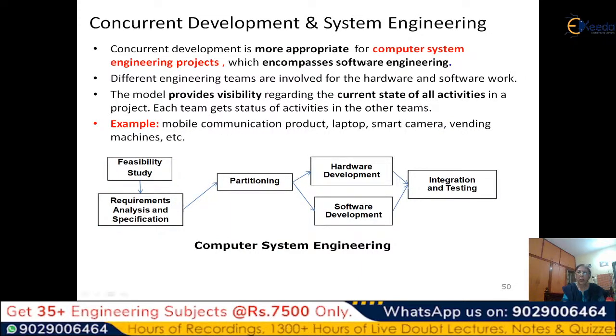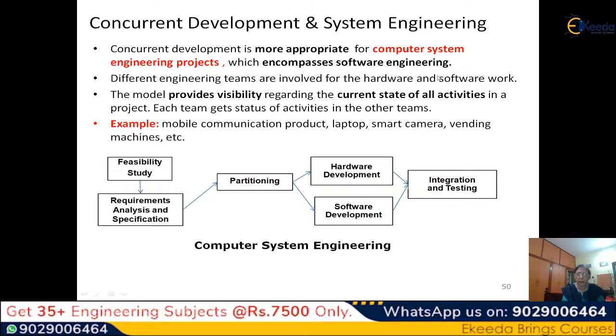This is not very appropriate for normal software engineering projects. But if you are doing computer system engineering, which will encompass the software engineering, then it is very appropriate, because you have two different kinds of engineering activities.